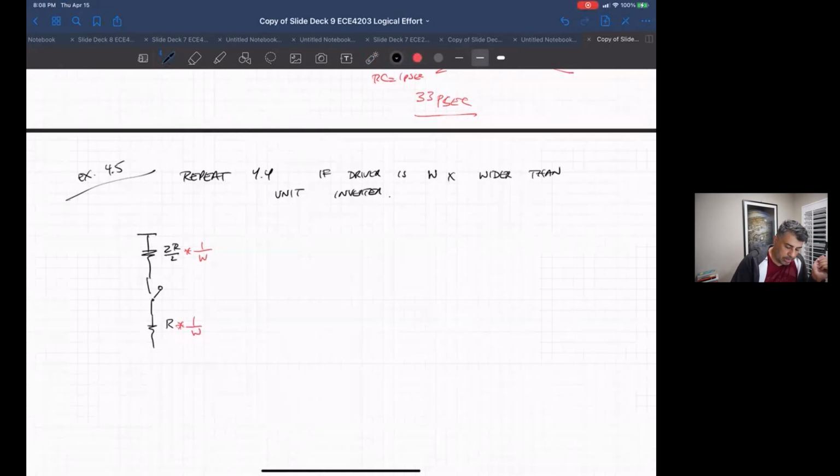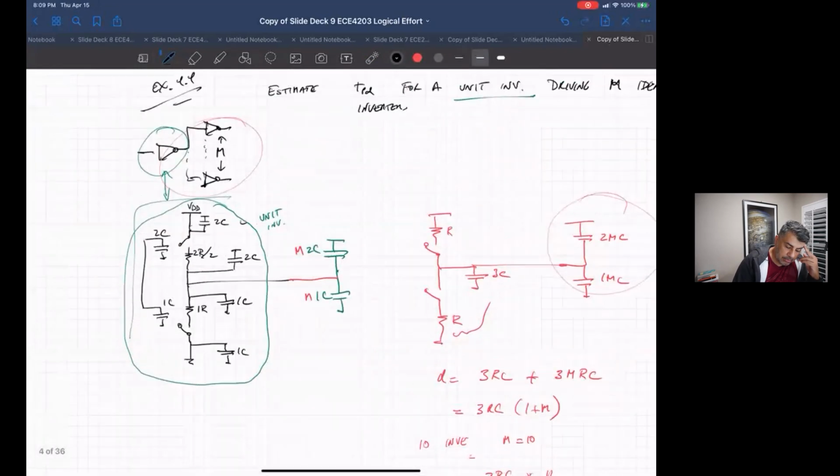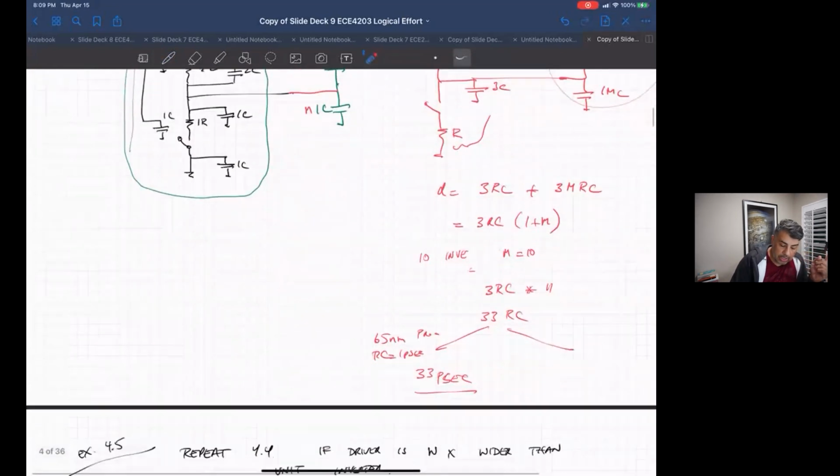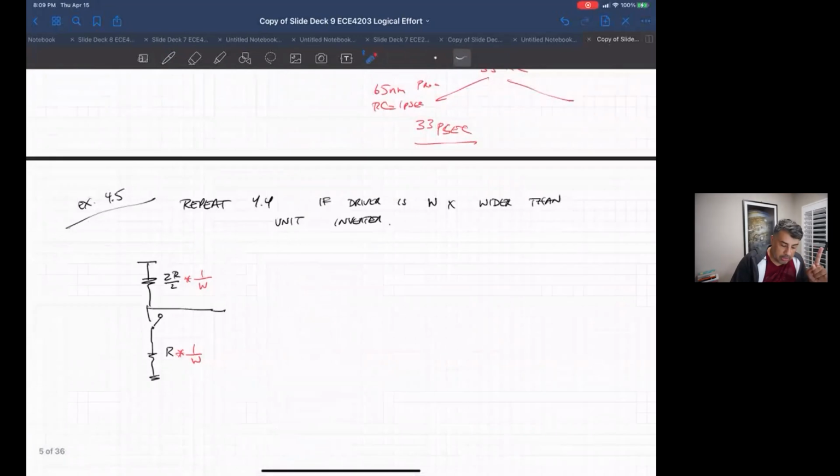So let me put a ground here. Let's just look at this. Remember, the sum of all the drain capacitances of the device itself was 3C when we had the unit inverter. What happens to the drain capacitance as the device gets wider?